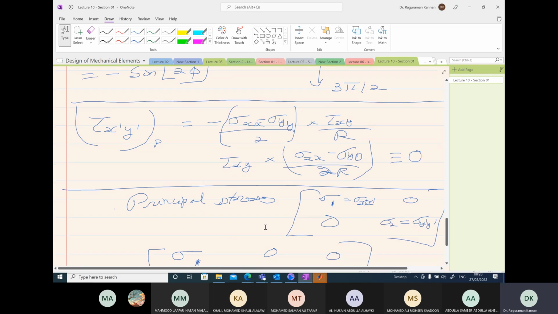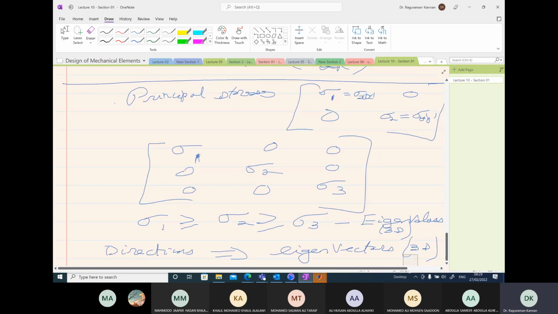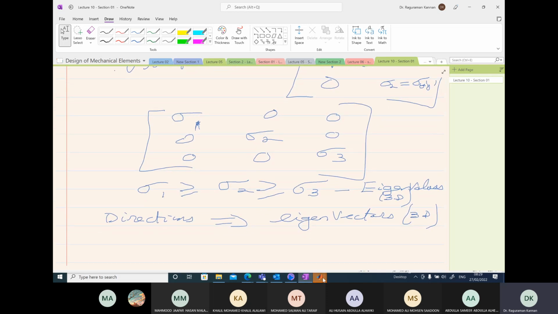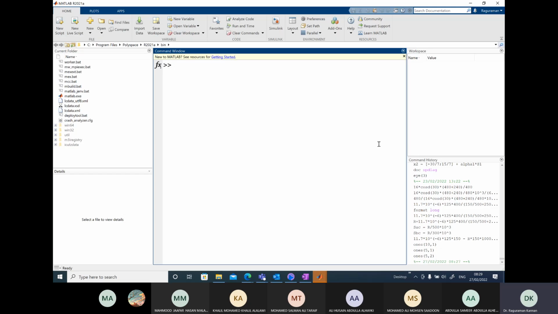Okay, so let's see a simple example here using MATLAB. I'm going to create some random matrix, and let us assume this is the stress tensor.